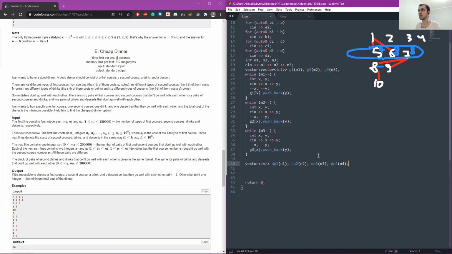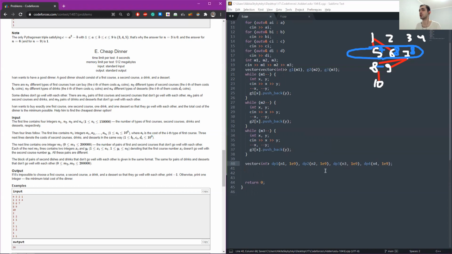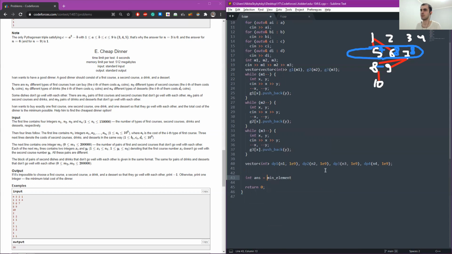So what is actually the upper estimate? I think this is a reasonable upper estimate because all prices are up to 10 to the 8 and we only have 4 of them. I think with this we should be good.